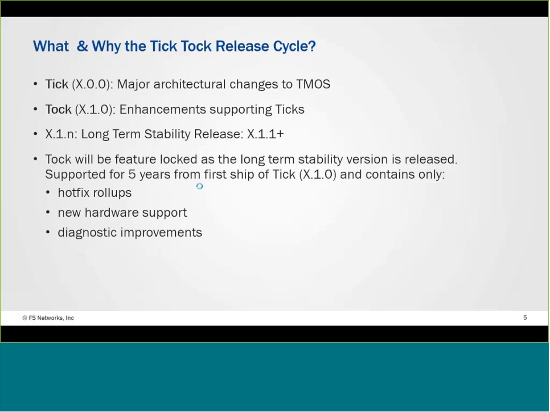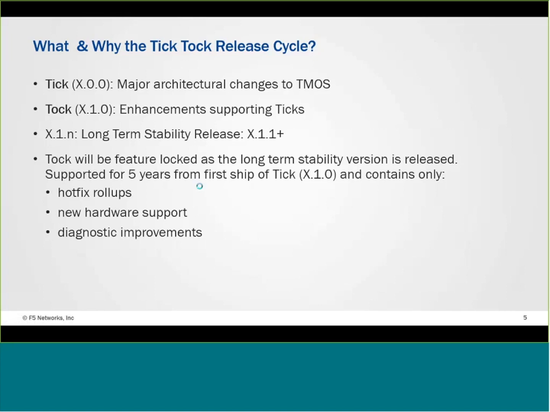Now, what's the Tick and what's the Tock? The Tick starts with the version number X.0.0. So it's alternating, the Ticks and the Tocks alternate between zeros and ones. When we have a major release, we would then have the X.0.0.